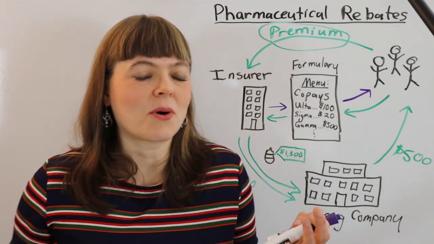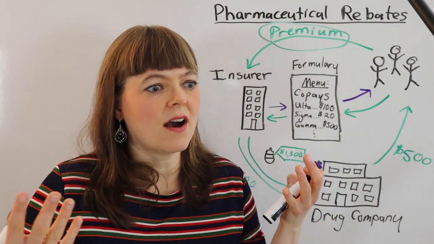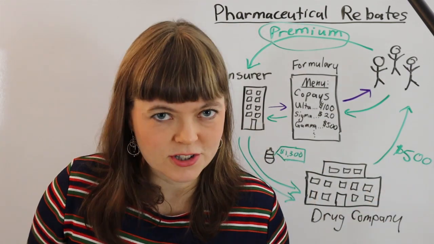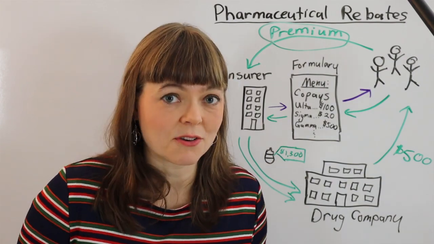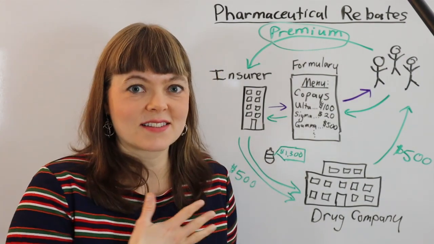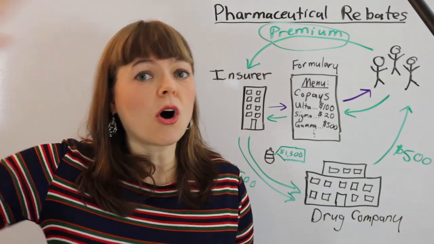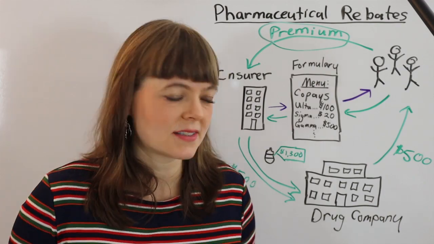So if you ask the question, why does insurance cost so much? Why are prices of insurance rising so fast? Why is the cost of medical care rising so fast? One thing that's going on is shenanigans like this. And this is true all over the healthcare sector. This isn't the only place where something like this happens.